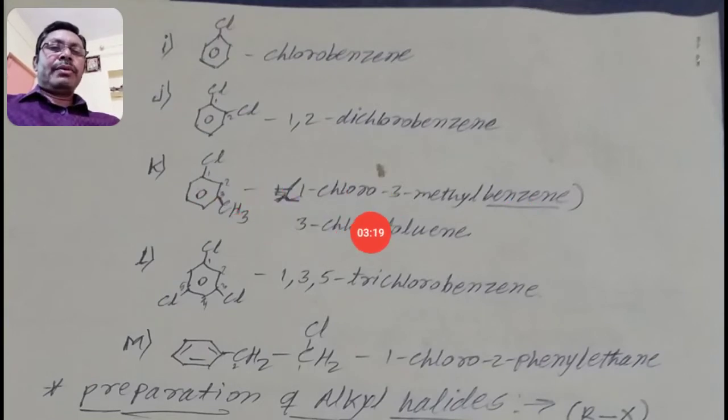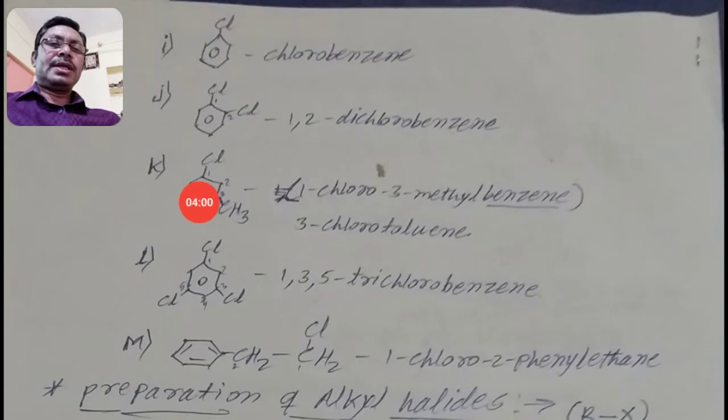There is another way of naming that compound, if the parent compound is toluene. Toluene means a benzene ring directly attached to CH3, or a methyl group. The name of that compound without the halogen atom is known as toluene. If it is the parent compound and it is attached to a chlorine atom, then you must write the position: the methyl group is first, then second, and at the third position the chlorine is attached.